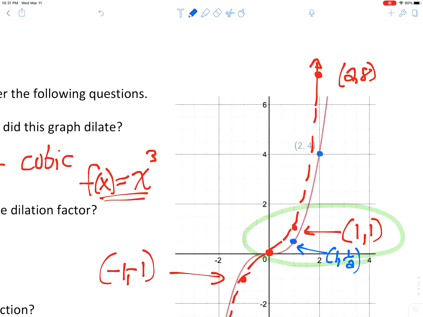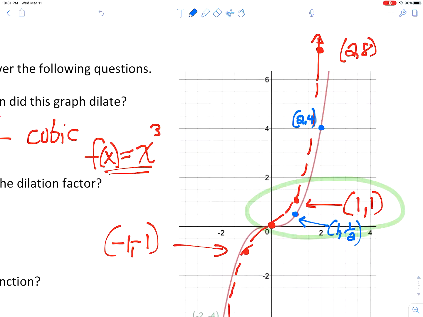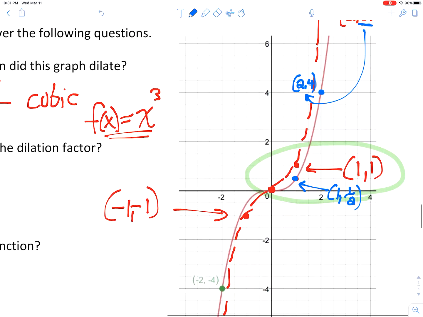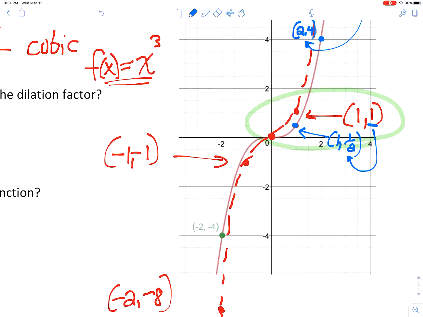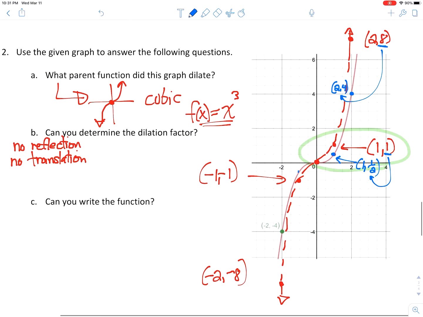I see a point that used to be 2, 8 is now 2, 4. Do we have enough to go on? I think so. I think each point is being cut in half. 8 has gone down to 4. 1 has gone down to 1/2. What used to be negative 1 is now negative 1/2.